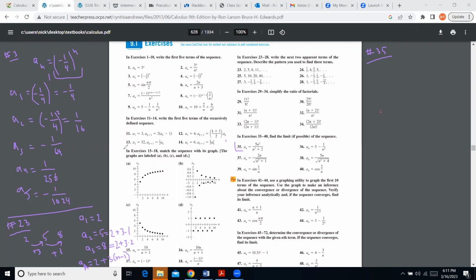Like, for example, when I look at exercise number 3, I notice that my terms are jumping around 0. So the first term is -1/4, and the next term will be +1/16. So it's 4 times closer to 0, but on the other side of it.